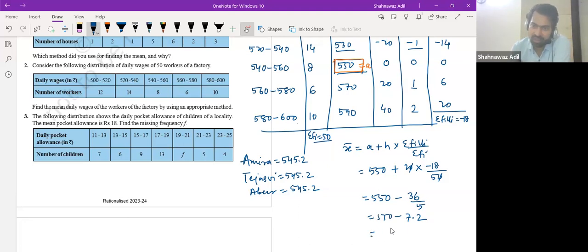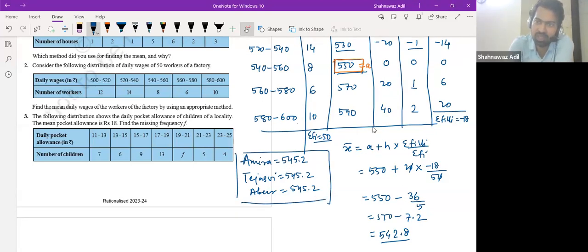There is a mistake in my calculation, because I'm getting 542.8. Where did I make the mistake? You guys are correct, 545.2. Good, good. So there is a mistake in my calculation.